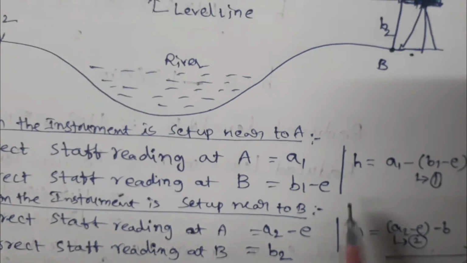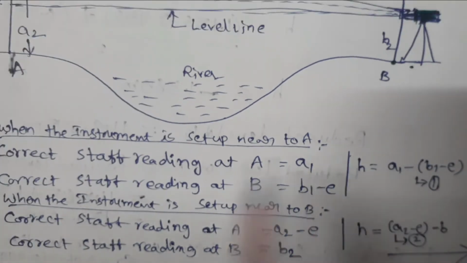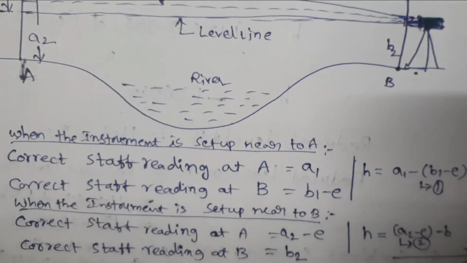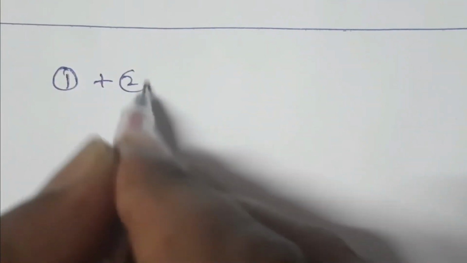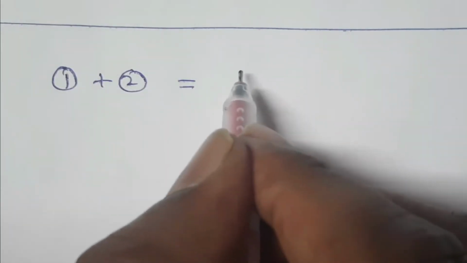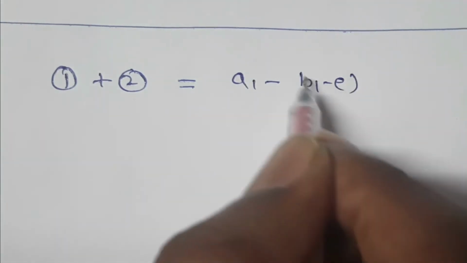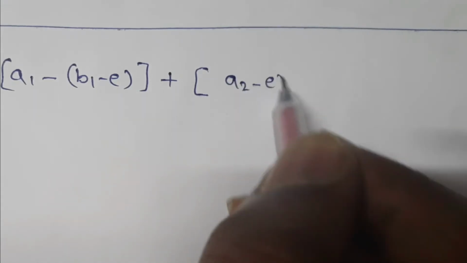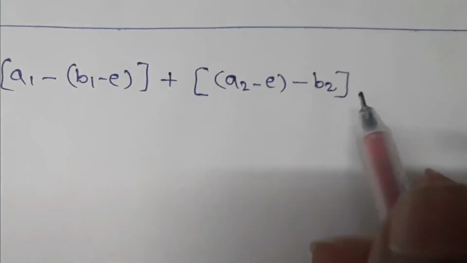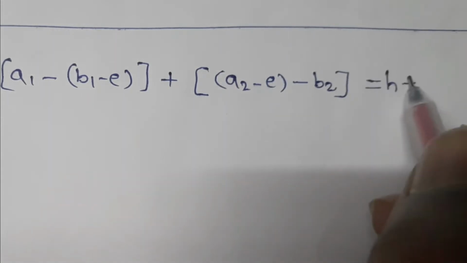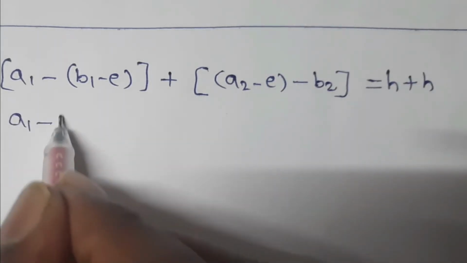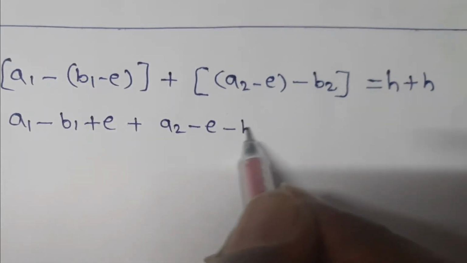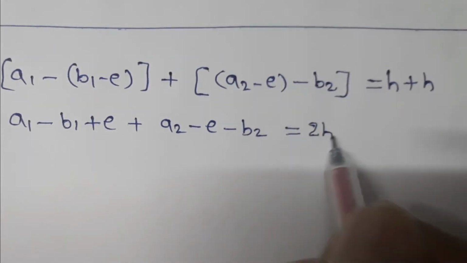To get the true difference between 2 points located on opposite banks of a river, add these two equations. 1 plus 2: A1 minus B1 minus E plus A2 minus E minus B2 is equal to H plus H. So A1 minus B1 plus E plus A2 minus E minus B2 is equal to 2H.